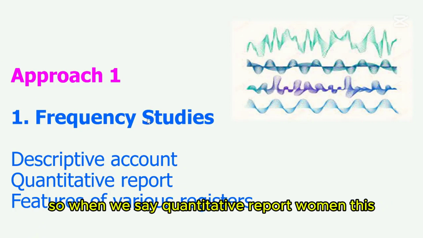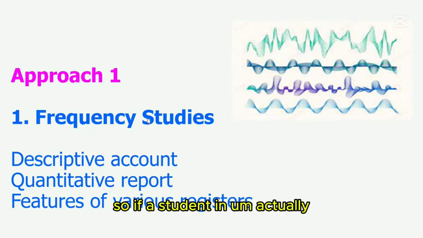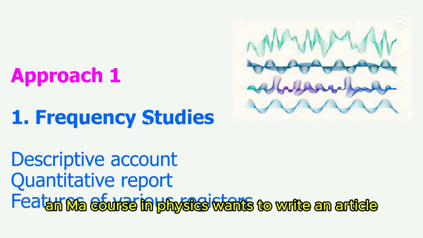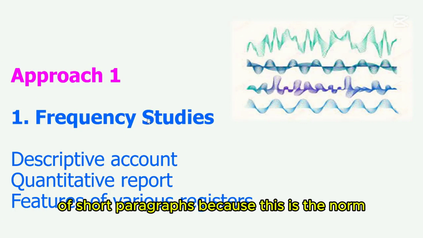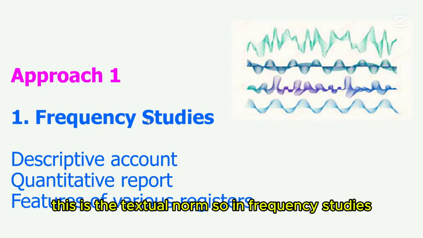Okay, so when we say quantitative report, we mean this. So if a student in an MA course on physics wants to write an article, he or she should be careful about the use of short paragraphs because this is the norm. This is the textual norm.